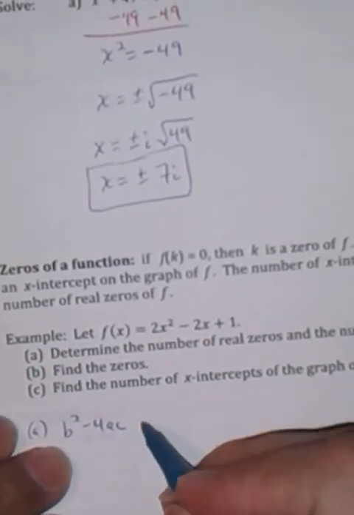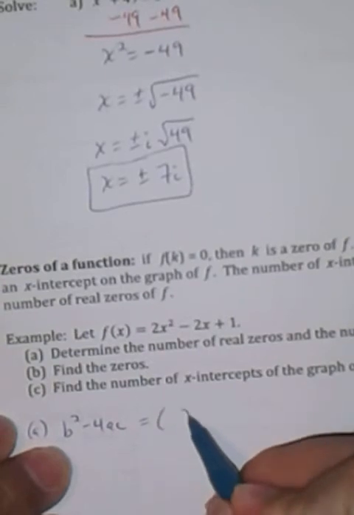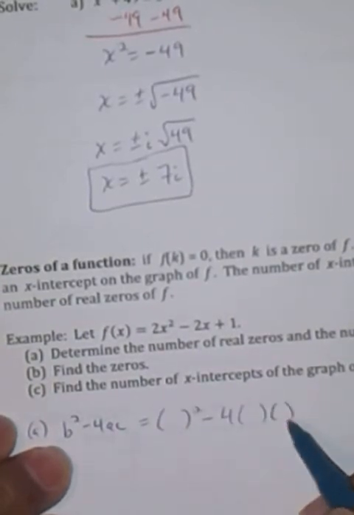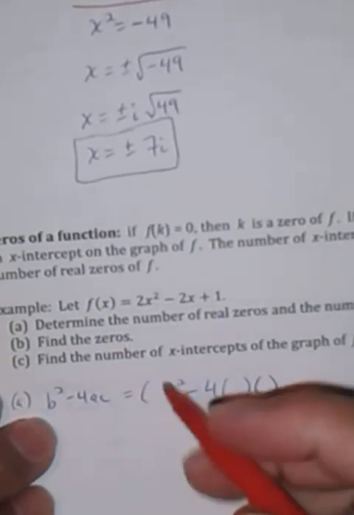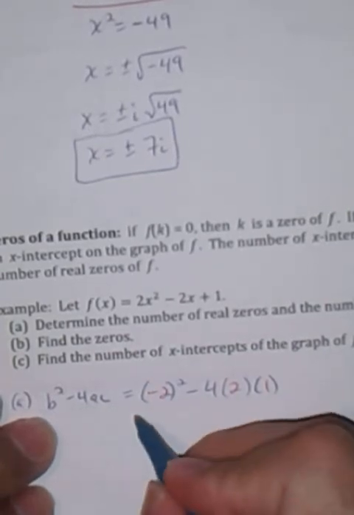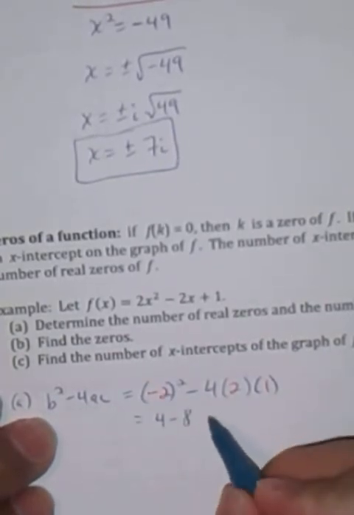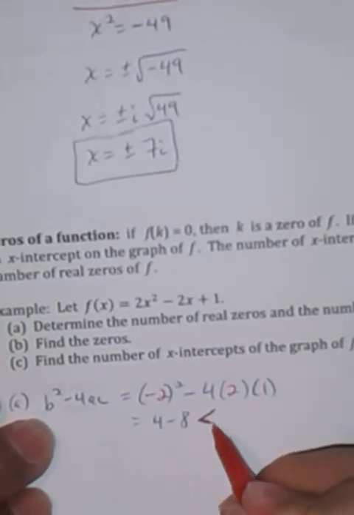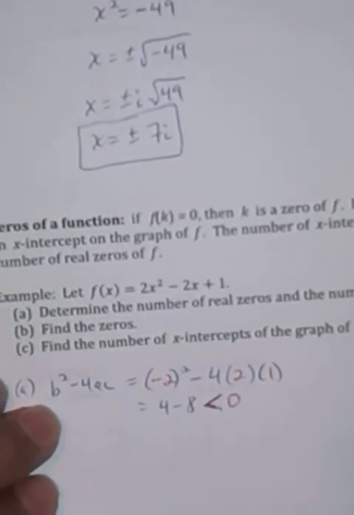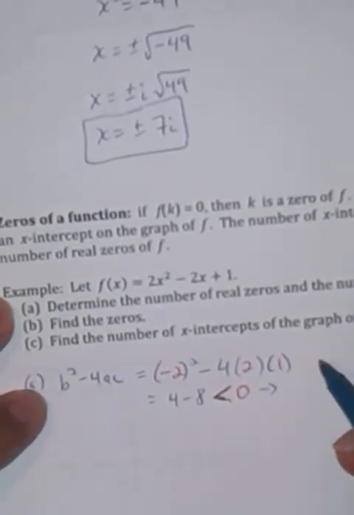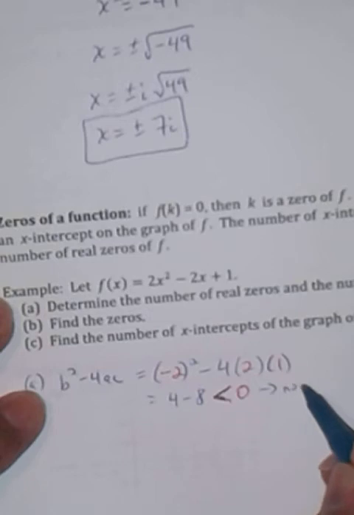So b is negative 2, a is 2, c is 1. This is 4 minus 8. That's going to be negative. I don't have to work it out, I already know that's a negative number. And if it's negative, that means I have no real zeros. Number of real zeros, none.